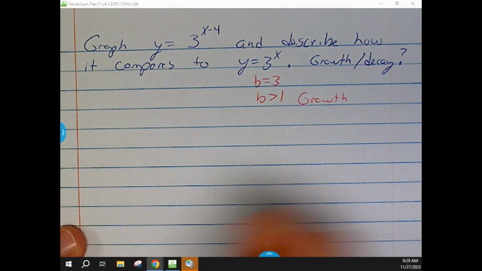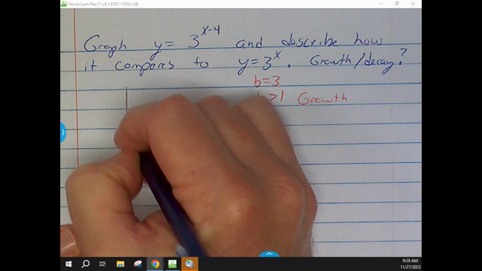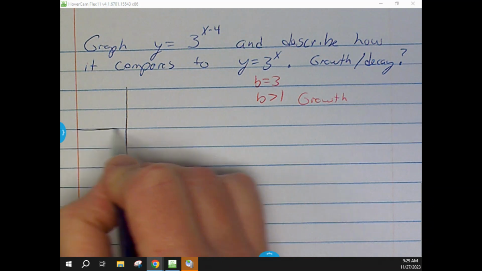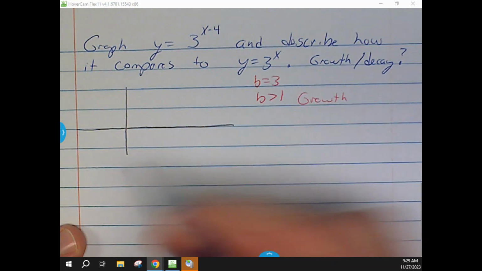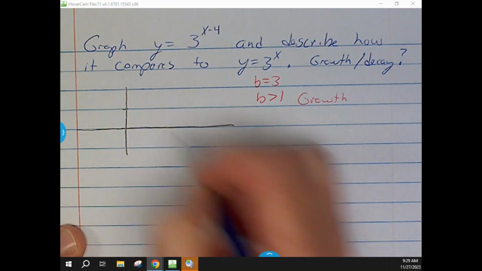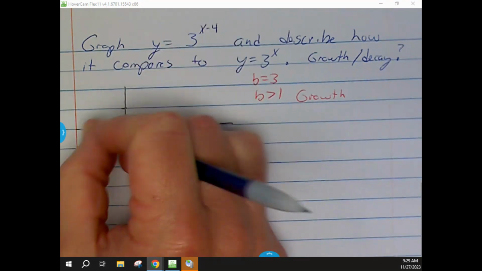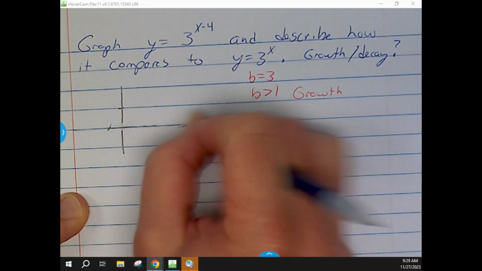Okay, and then what we're going to do is a rough sketch of it here. If we were graphing y equals 3 to the x power, this is 1. Actually, let me scoot this down just a little bit, to get one more spot underneath it here.